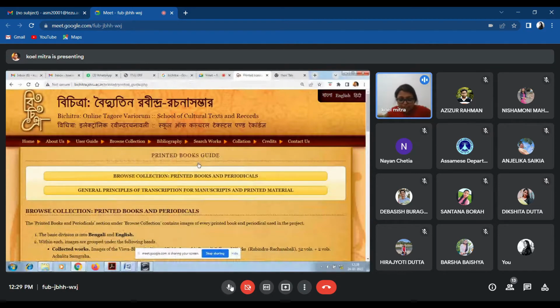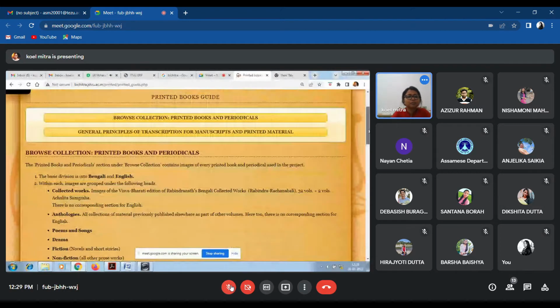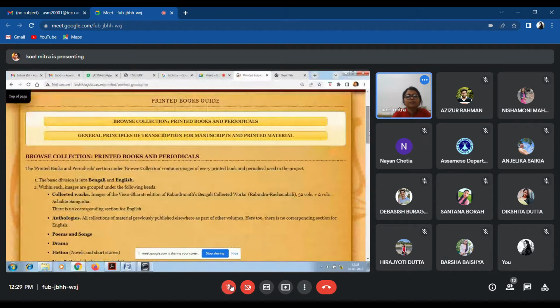More than systematic, do you understand what level of computer programming has gone inside in getting this project to a final level? We're now coming into the browsed collection of printed books and guides. This is apparently easy because you type everything and then everything exists over here. This is not difficult.